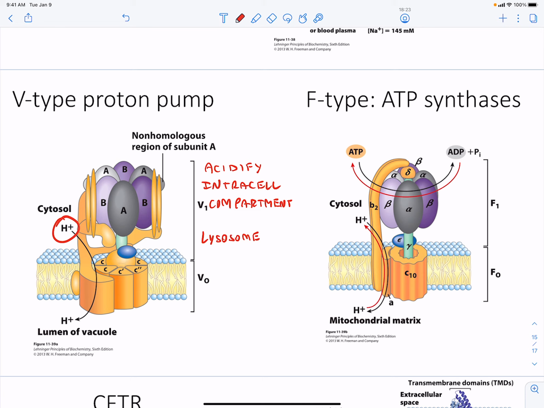Our F type is going to catalyze what's called an uphill transmembrane passage of protons, driven by ATP hydrolysis. The F comes from the identification of these ATPases as energy coupling factors.